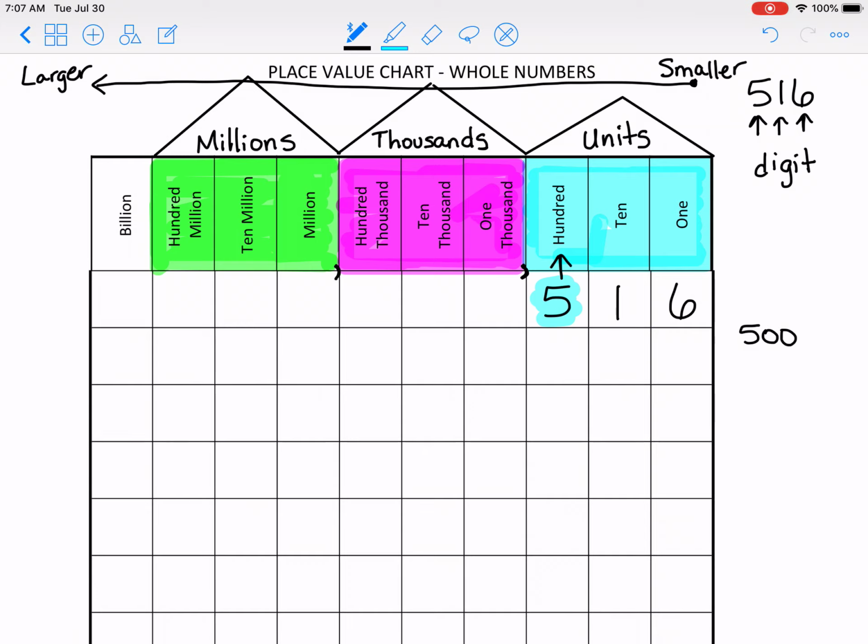Now next, if we look at the 1, it is in the tens place value. So the value of that digit 1 in 516 is not just 1, it's actually a 10.